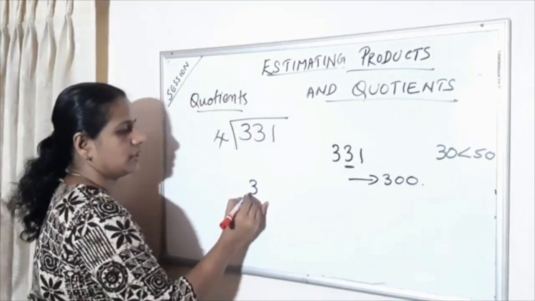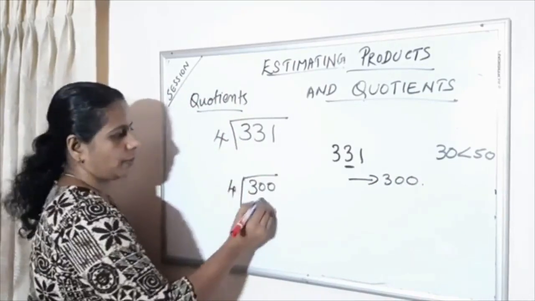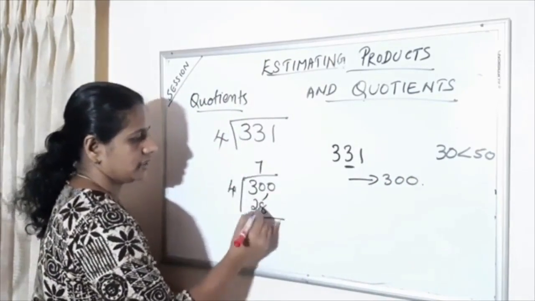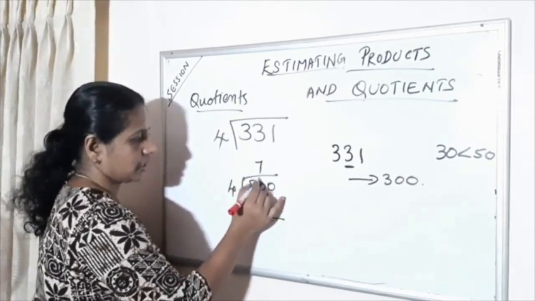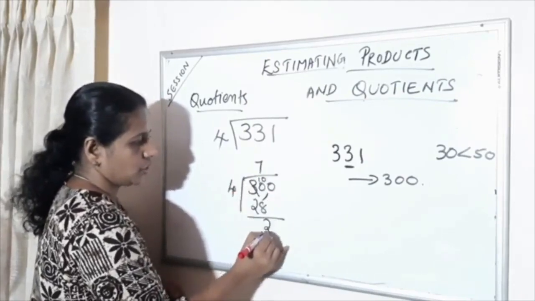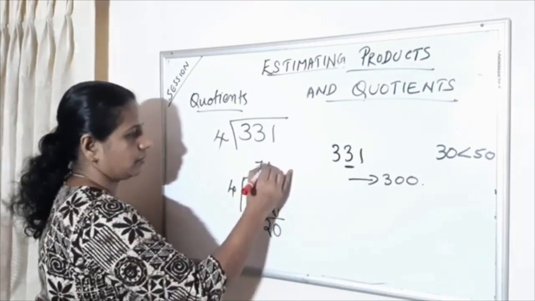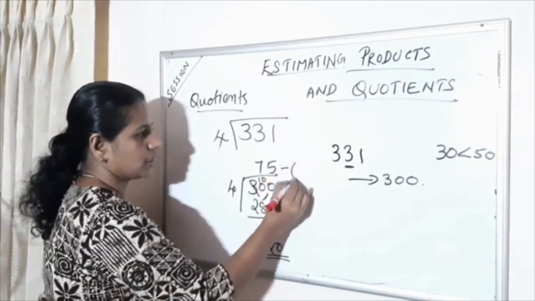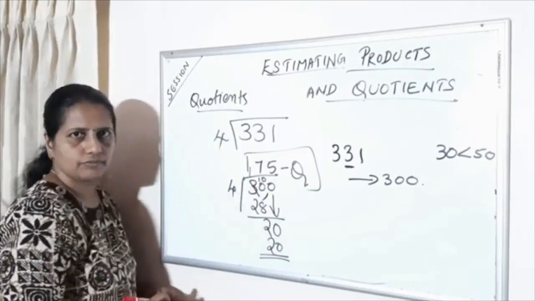So 300 divided by 4. 7 fours are 28, carry down, 10 minus 8 is 2, carry down 0, then 5 fours are 20. So our quotient is 75.